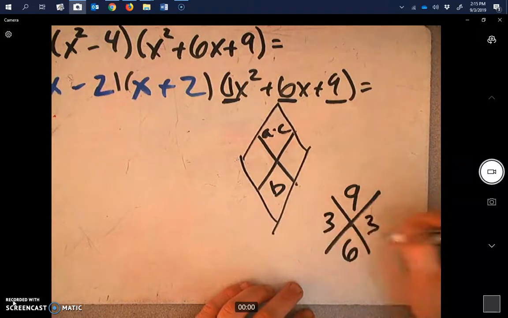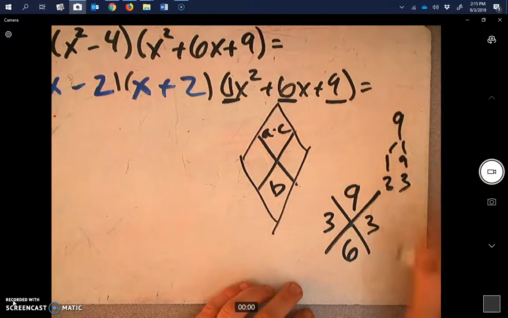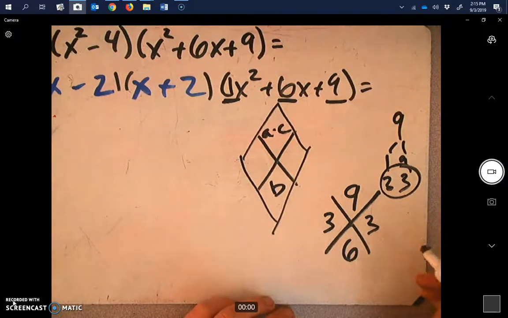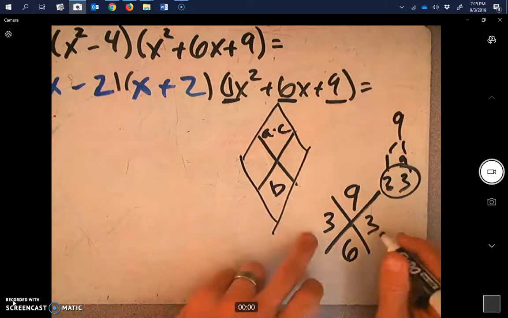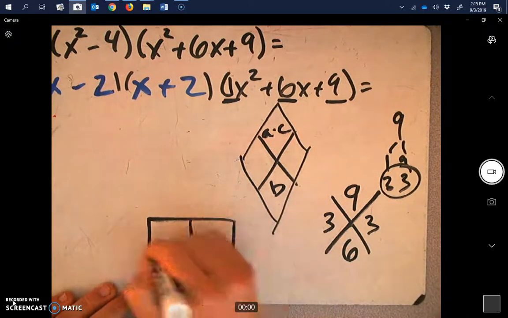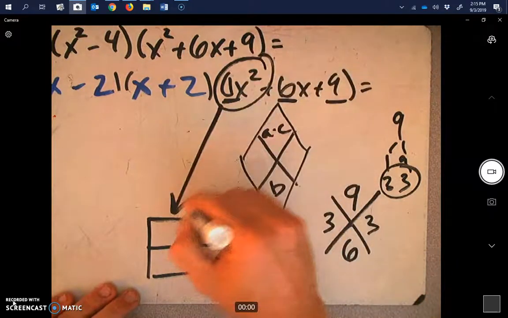So 3 and 3. Now, these are just factors. We've done this before in other assignments. So of these factors, which ones add to 6? It's 3 and 3. Okay, so once you're here, we have these numbers now. We can now do the reverse box. So x squared goes into that box.